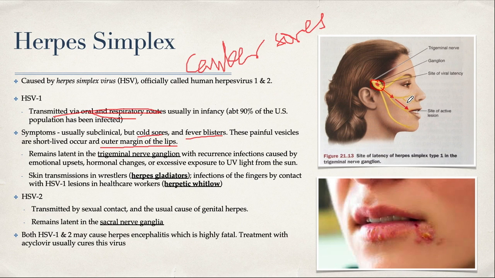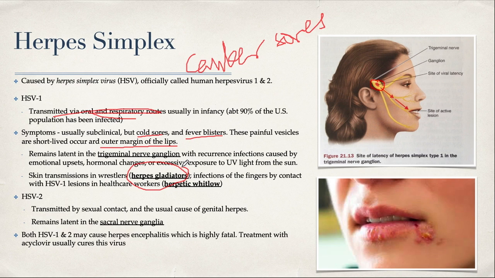It's in skin, and in certain instances, you have transmission in the skin that is very common in wrestlers because they have to have physical contact with each other. You have some form of transmission of the virus in that regard, and that is known as herpes gladiatorum, that form of herpes.